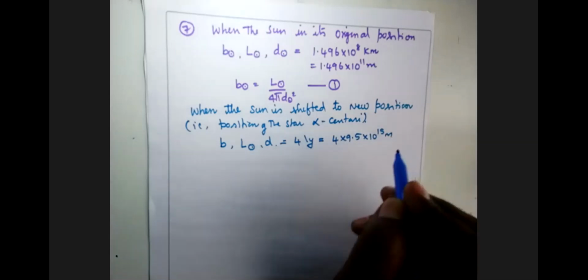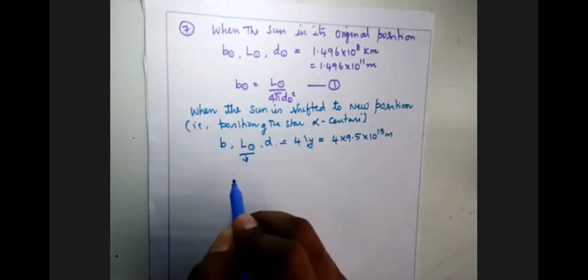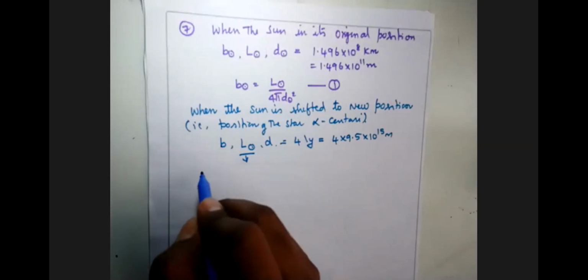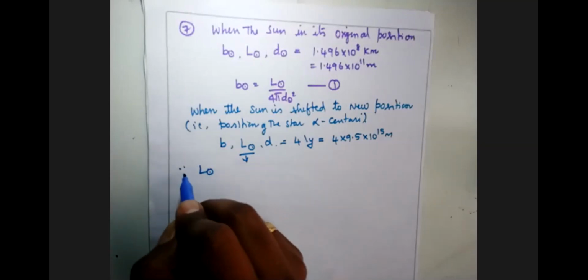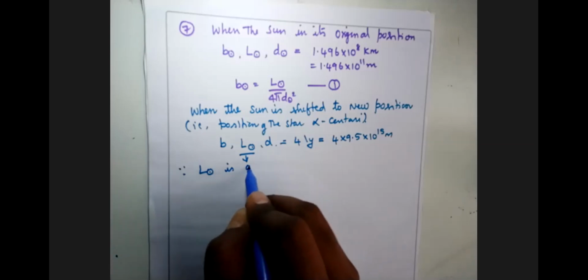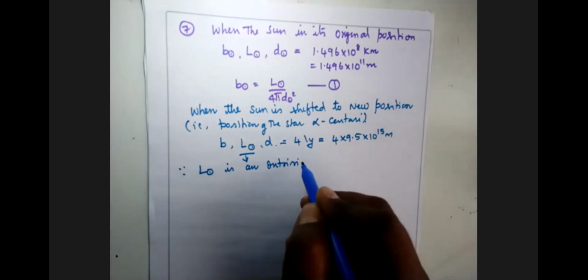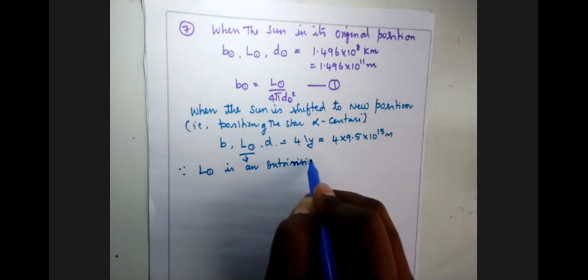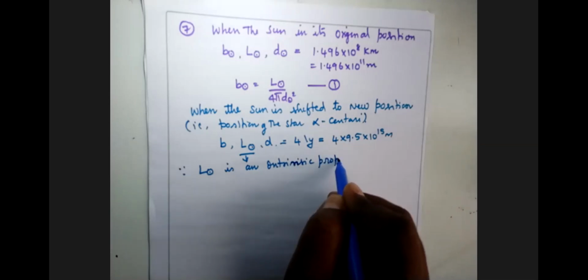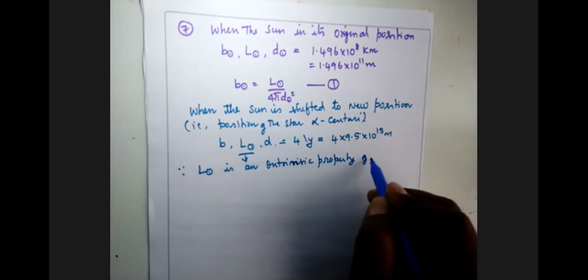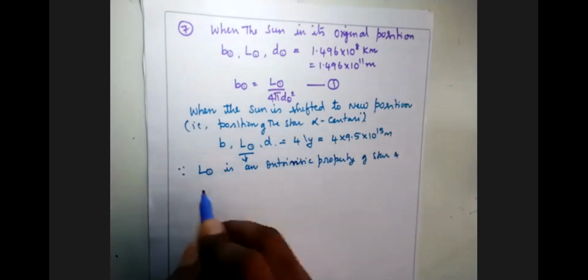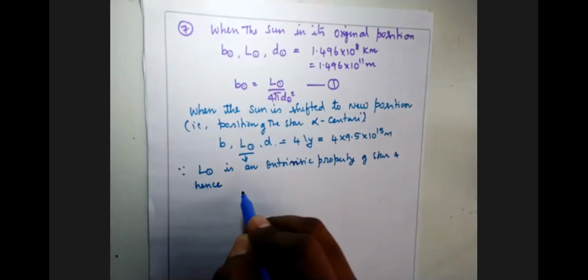Here we have taken the luminosity same because luminosity is an intrinsic property of the star, and hence does not change with position.